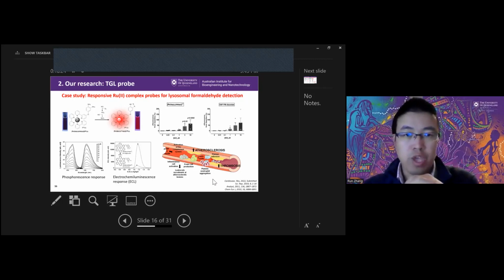And currently we work with the medical institute to translate this research into clinical tools for the detection of nitric oxide in cardiovascular disease patient samples.